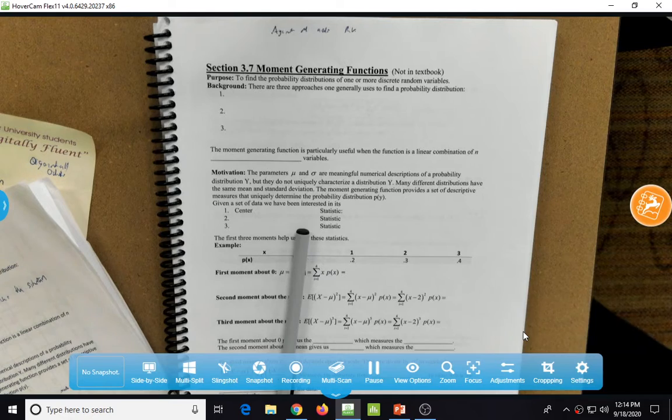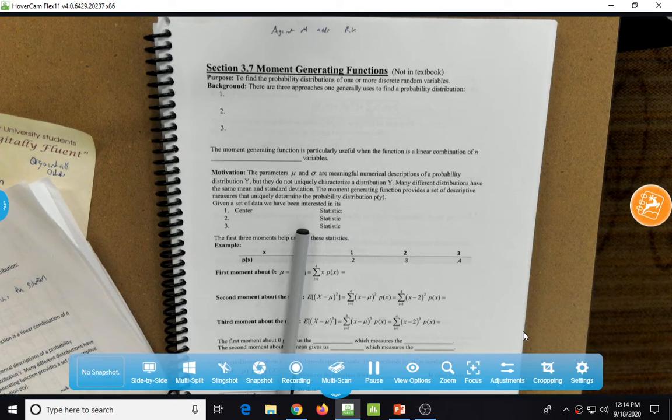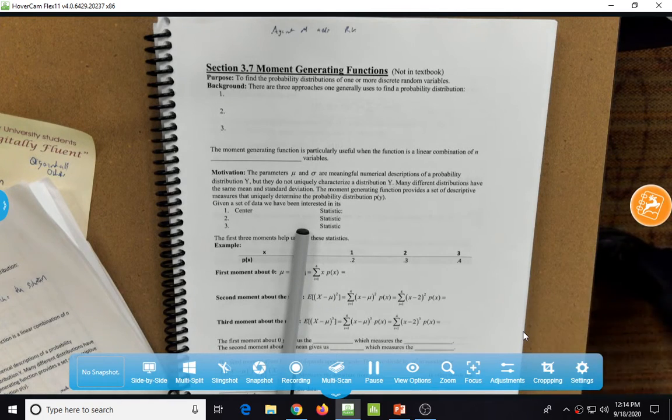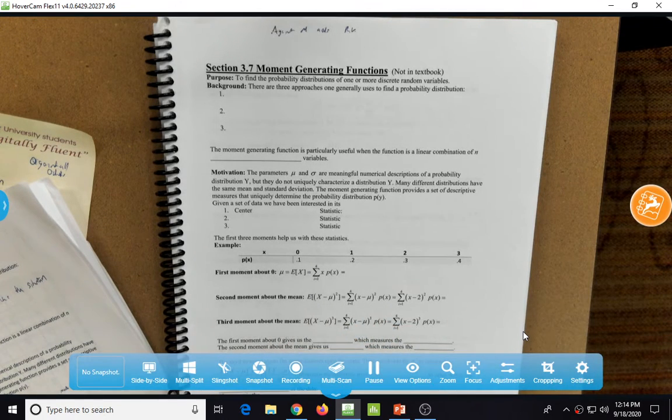All right, here we are on page 45, and we're going to talk about a different way of doing probability. This material helps us to do some theoretical calculations. In general, there are three approaches generally used to find it. One is experimentally or graphically.